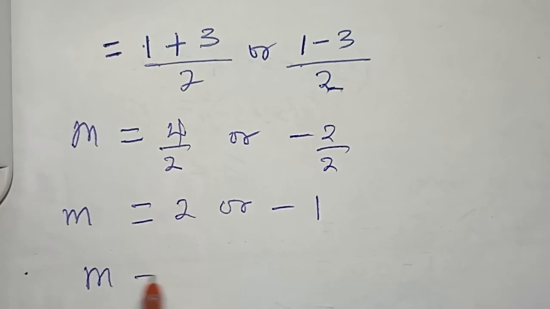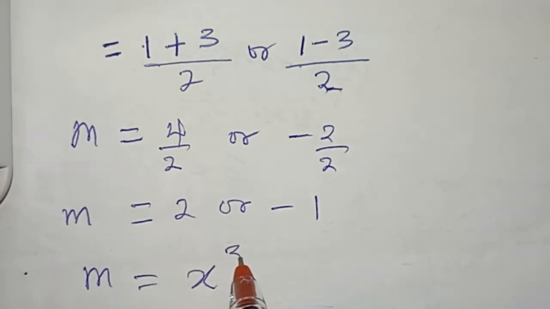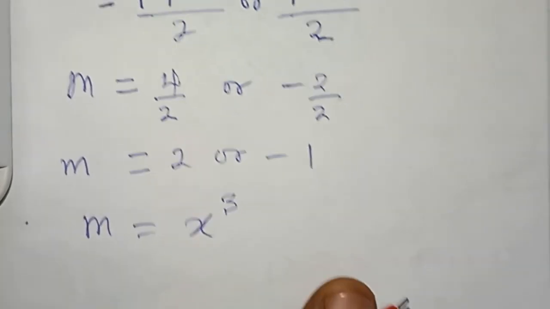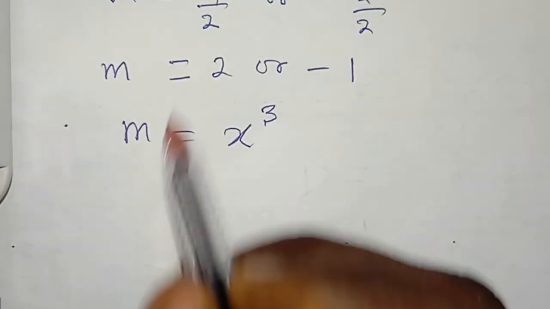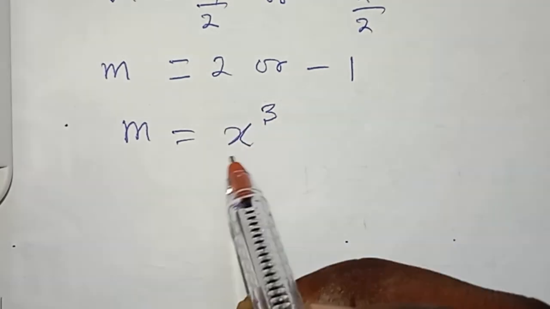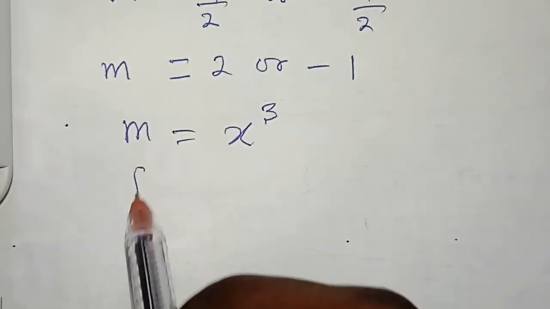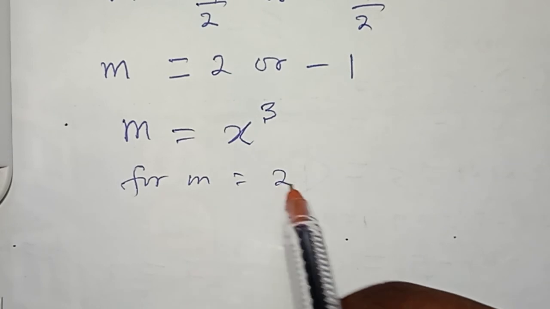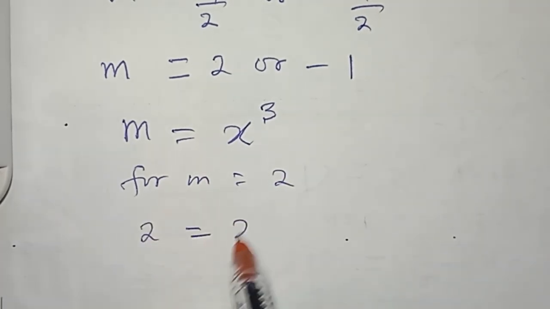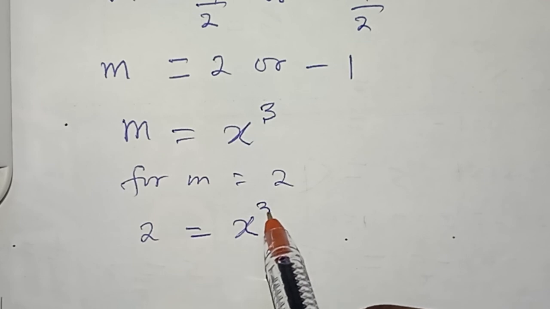But we actually set our m to be equal to x power 3. So for us to now find the value of x that is going to satisfy this problem, we can go ahead to substitute the value of m, and then we can obtain the value of x. So for m equal to 2, we can write this as 2 is equal to x power 3.